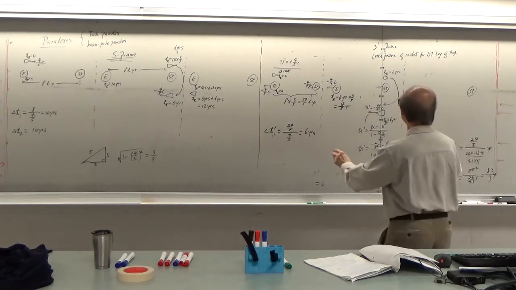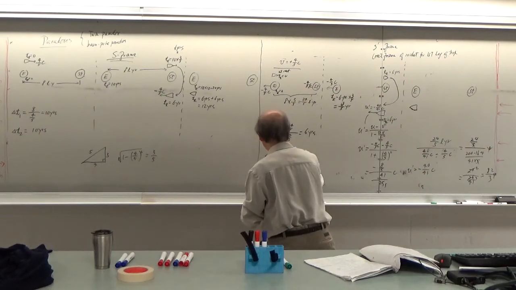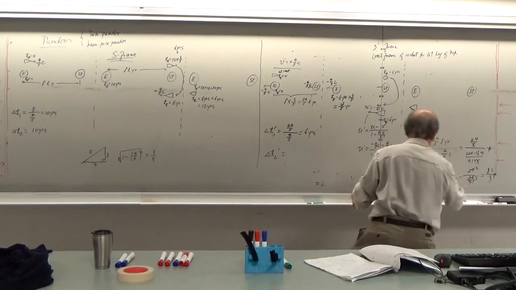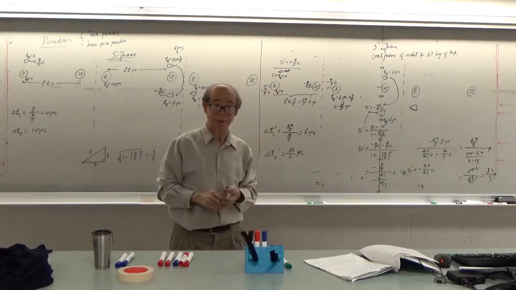So according to an observer in this frame, the second leg of the trip takes 82 over 3 years. So far, so good.